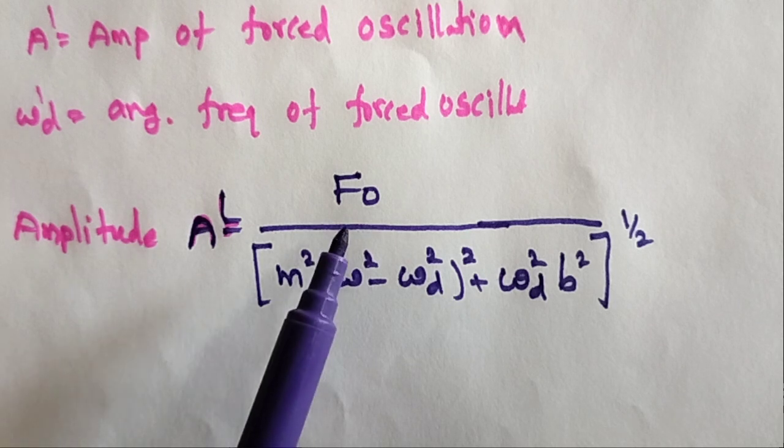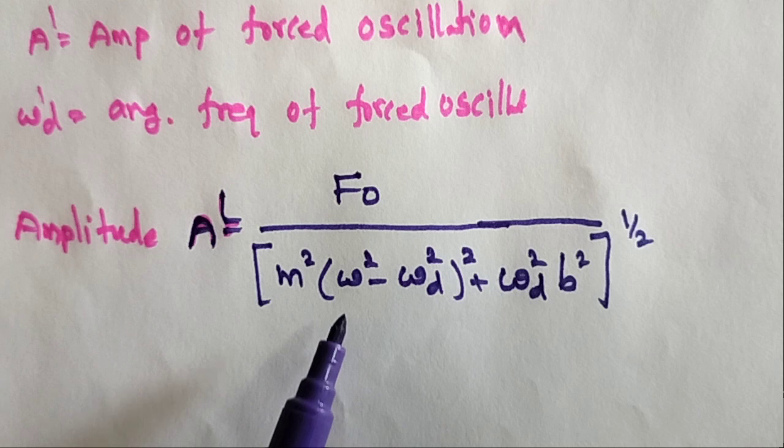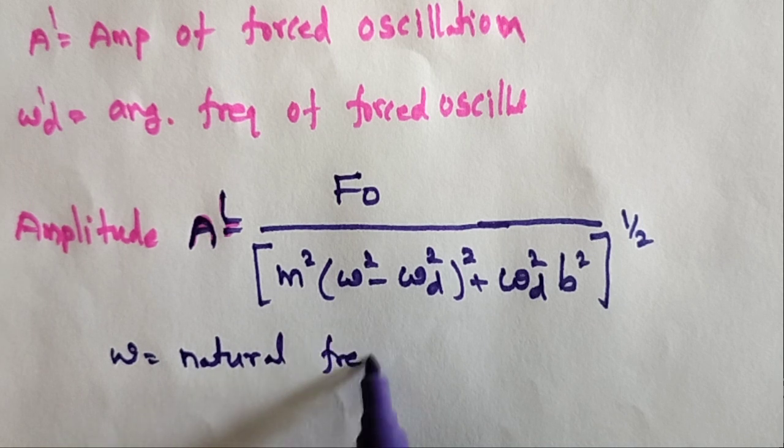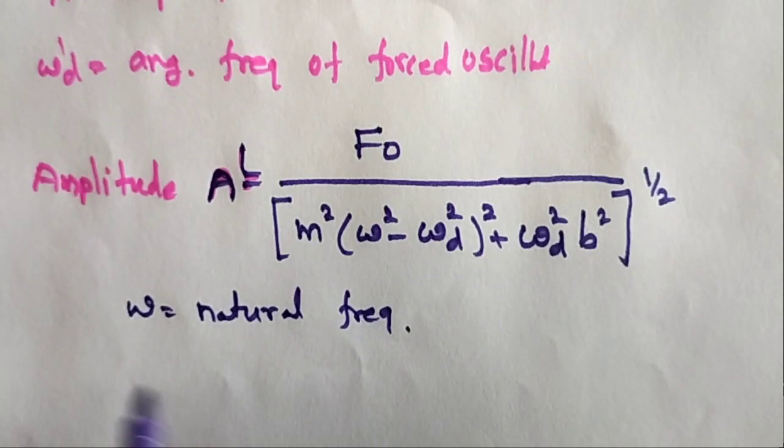F naught is equal to the amplitude of the external periodic force. Omega is equal to the natural frequency. Every object has a natural frequency, that is omega.